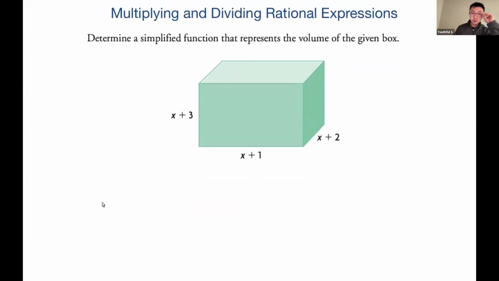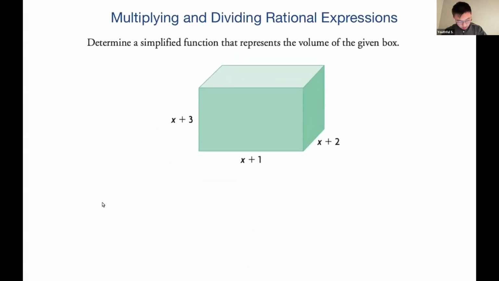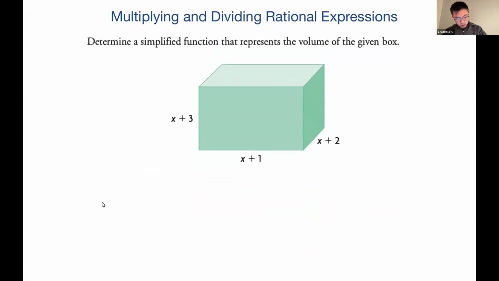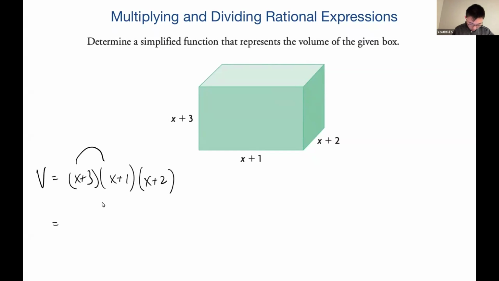Okay, moving on to multiplying and dividing. So determine a simplified function that represents the volume of the given box. So volume is equal to x plus 3 times x plus 1 times x plus 2. And then basically we just have to use, what was it called again?